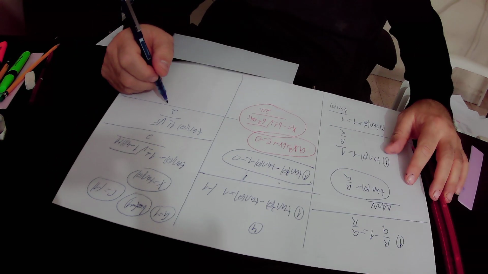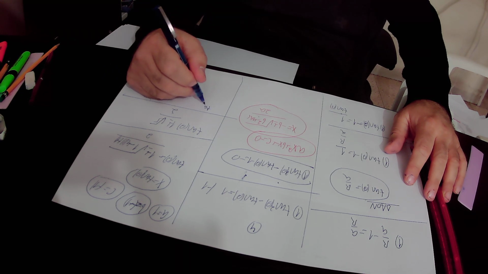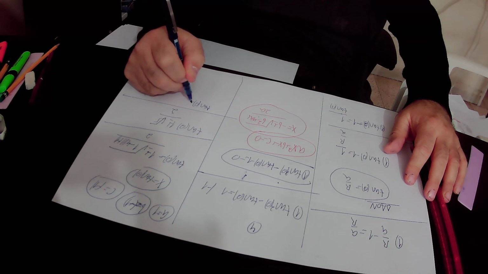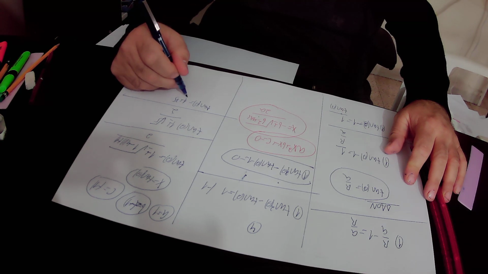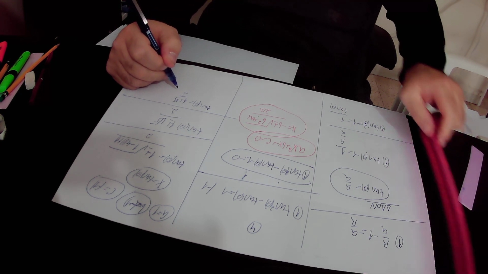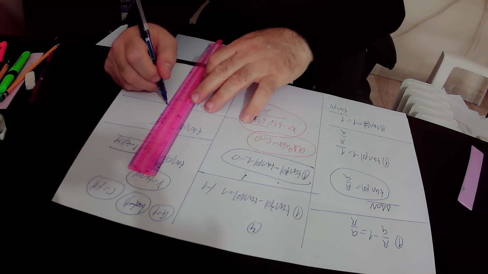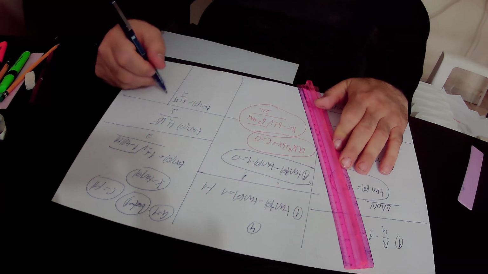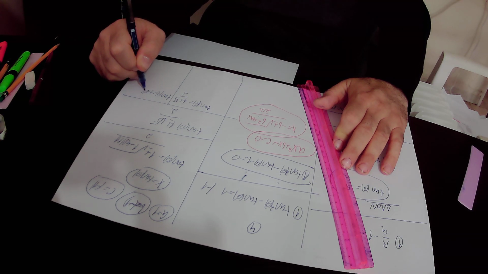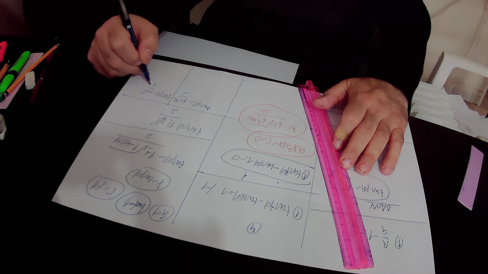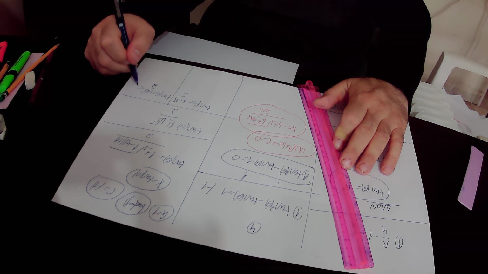The first solution is tangent theta equals 1 plus square root of 5 over 2. And the second solution is a negative solution: tangent theta equals 1 minus square root of 5 over 2, that is negative, it is less than 0.